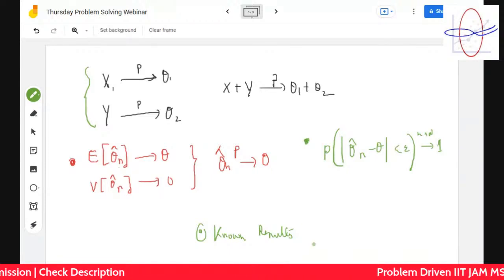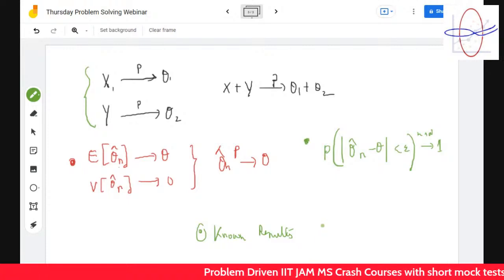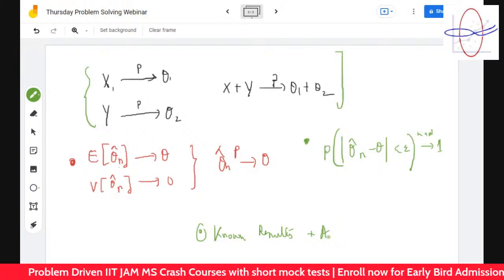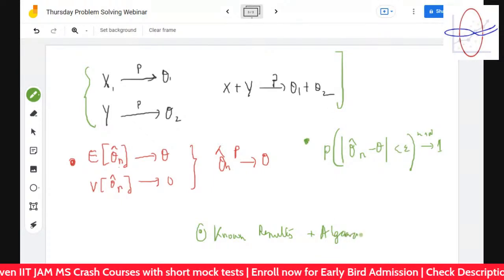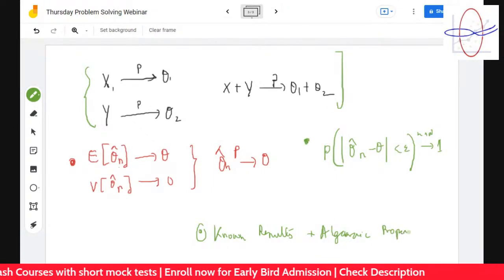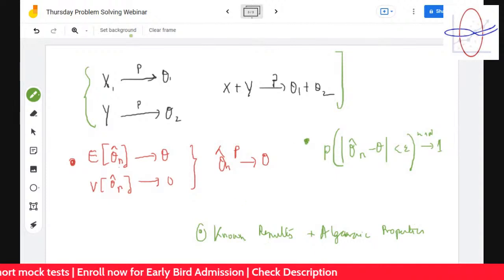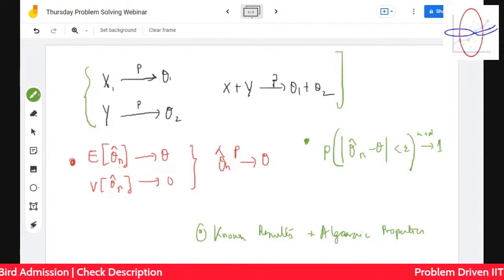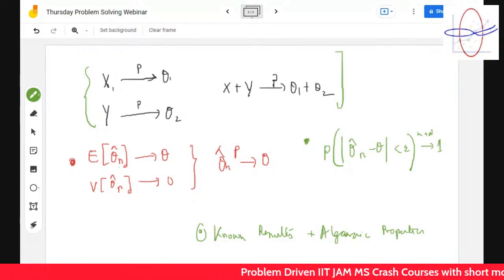Just like that, here you fall back upon the options that, okay, I know this is consistent, and we can use these algebraic properties of convergence in probability. So using these three problem solving strategies, you can solve any convergence in probability and hence any consistent estimator.